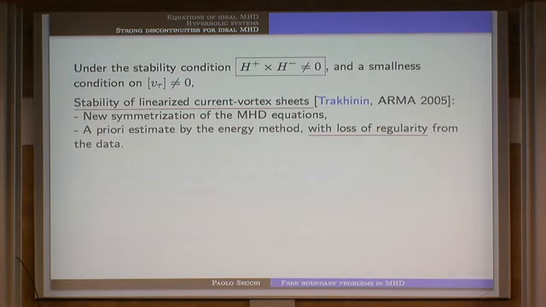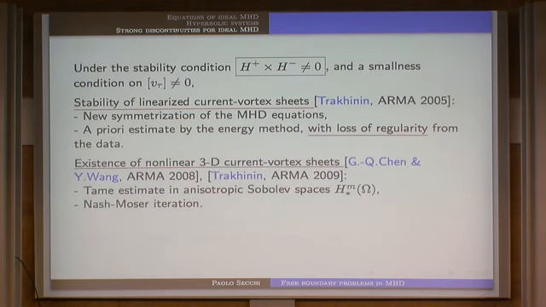Trakhinin first studied and obtained the stability of the linearized equations using a different symmetrization of the system of equations, and proved an a priori estimate by the energy method with the loss of derivatives. But then also the existence of the nonlinear 3D current vortex sheets was shown by Kui-Chan Chen and Yaguang Wang and Trakhinin again.